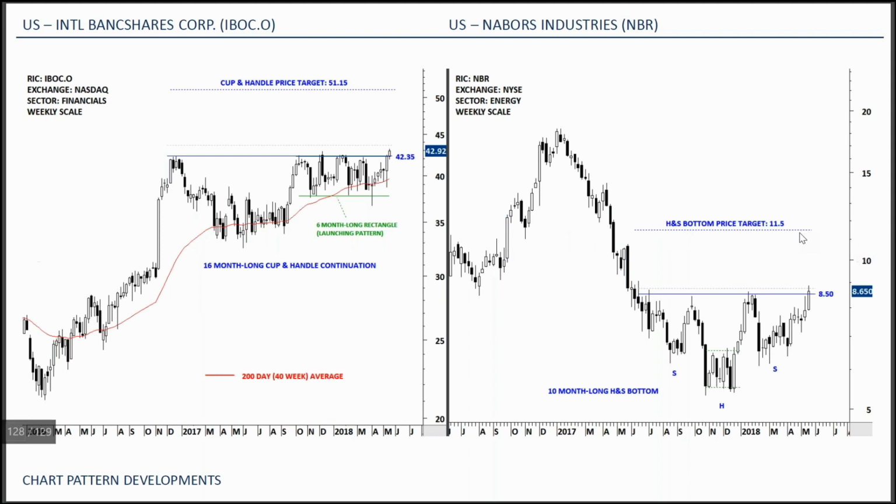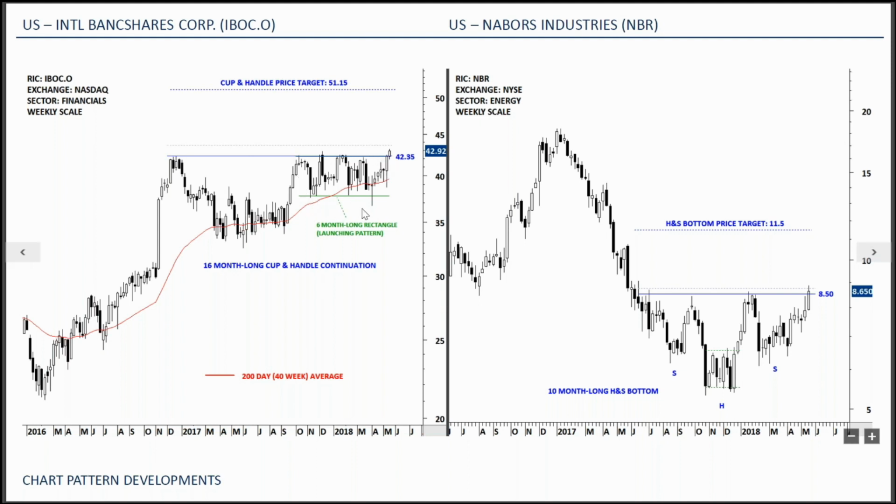The chart on the left-hand side is US International Bank Shares Corp. So the regional banks are strong and they are setting up and breaking out. One of them is just on our watch list and ready for a breakout. It's a 16-month long cup with handle continuation.